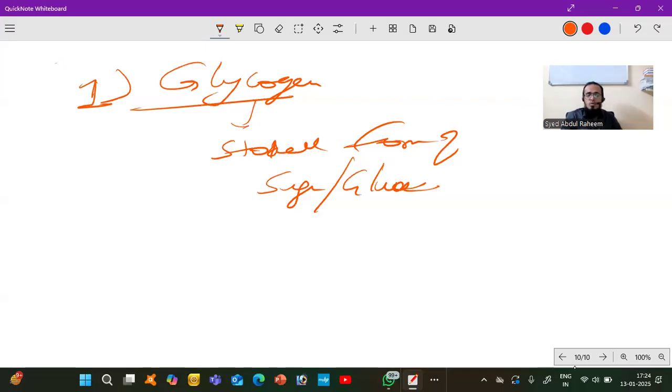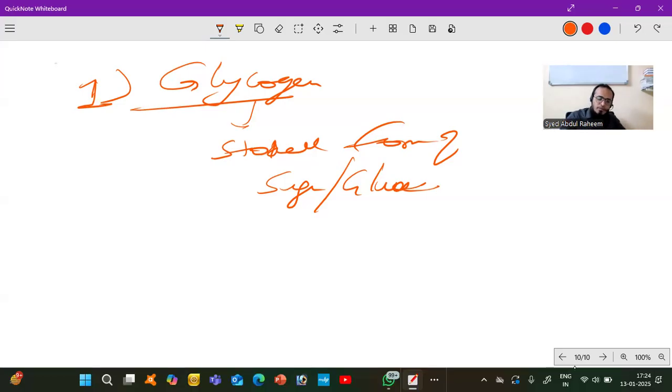But if we have more than the required amount of glucose, what will happen? The liver will store that glucose and convert it. We call the conversion of glucose into glycogen glycogenesis. It is done by the liver. Okay, so it will be stored in the liver.